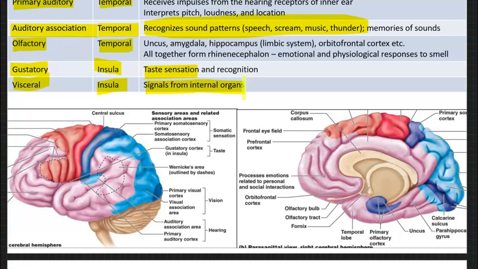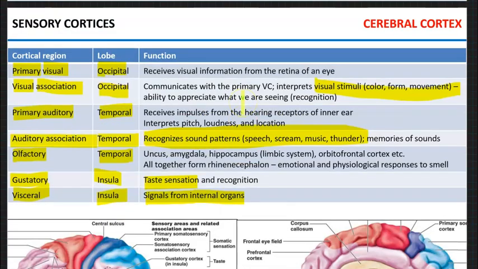I don't remember if I mentioned that, but the term viscera refers to all internal organs except for bones and muscles. Okay? And the brain. Are we good so far? So before we move to association, multimodal association cortices, I want to give you some kind of highlights, ideas.